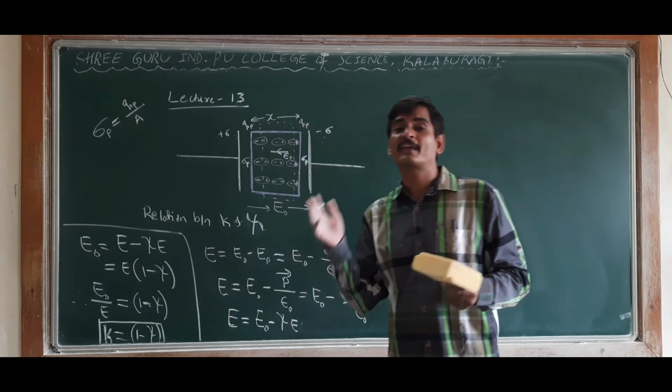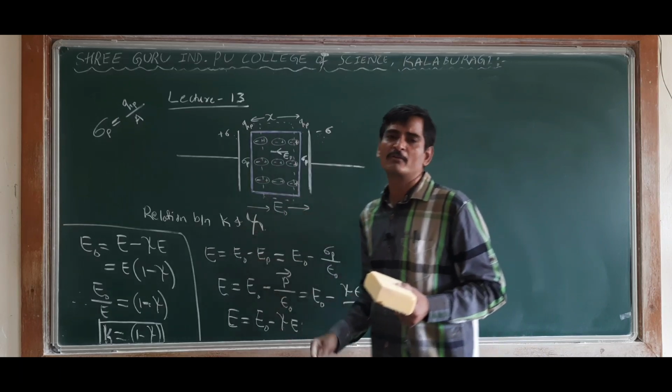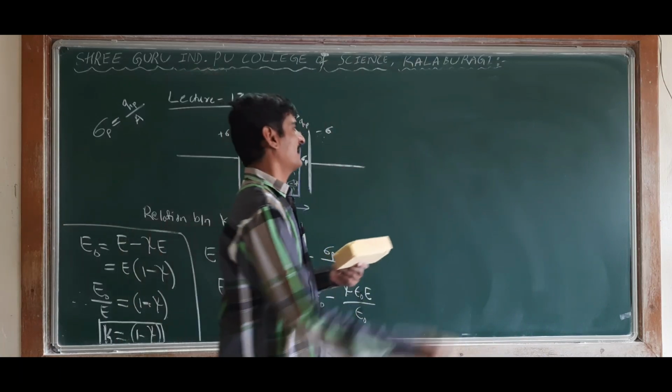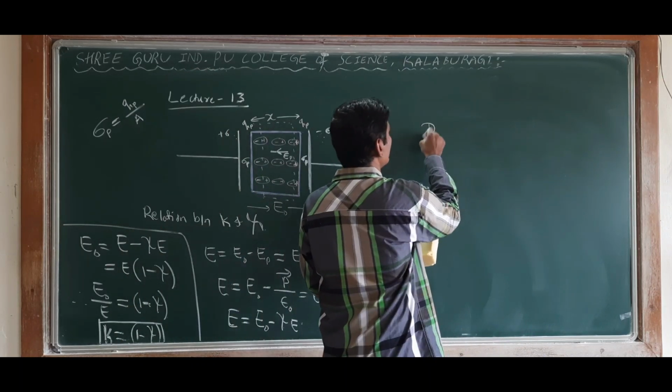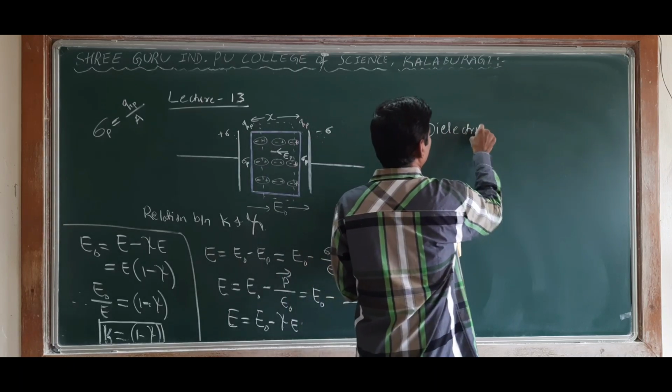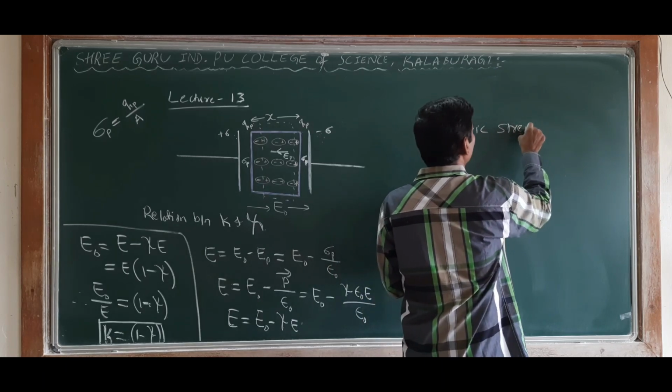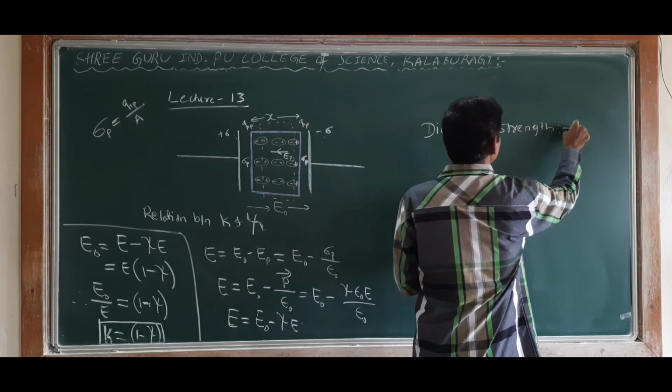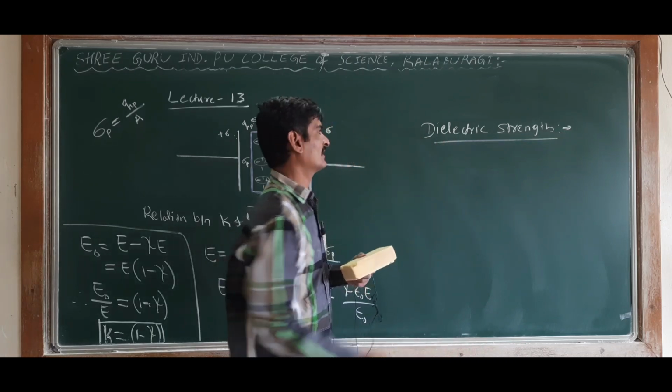An insulator becomes a conductor when a large value of electric field is applied, and that large value of electric field, we can call it dielectric strength. We can call that concept dielectric strength. So what is dielectric strength? Let us understand.